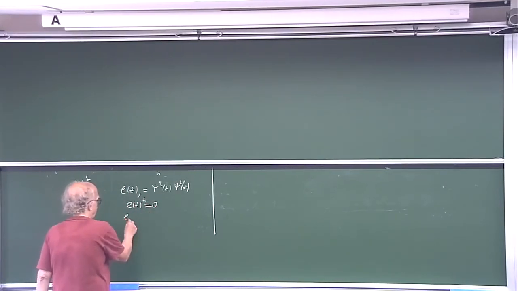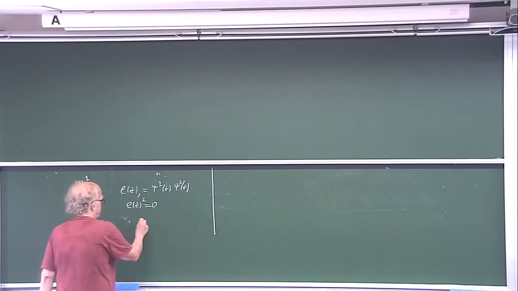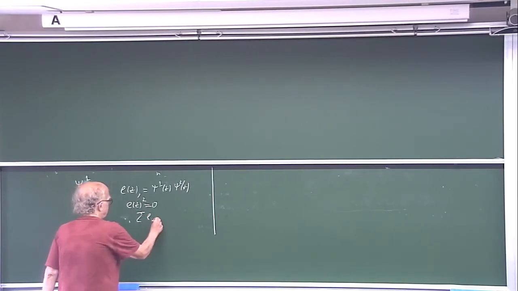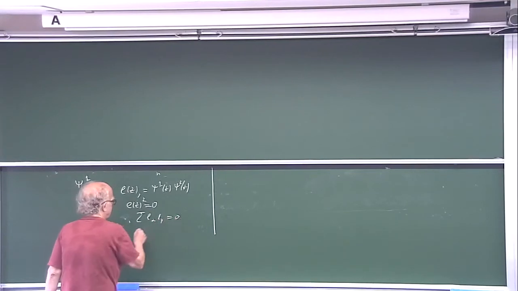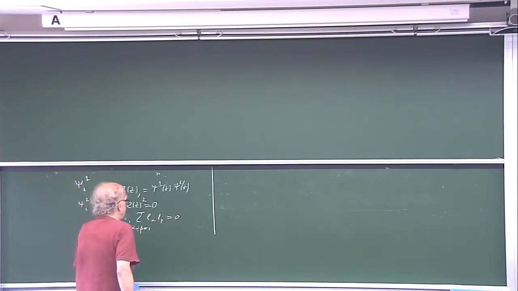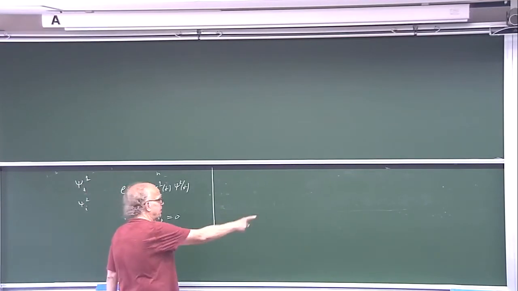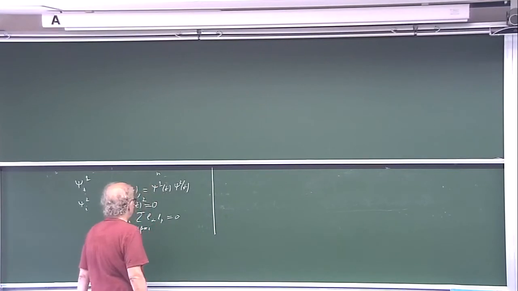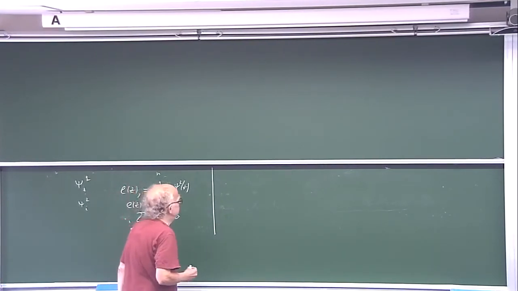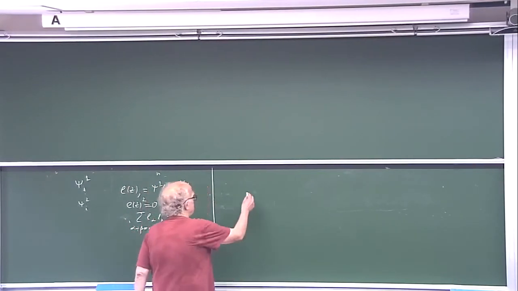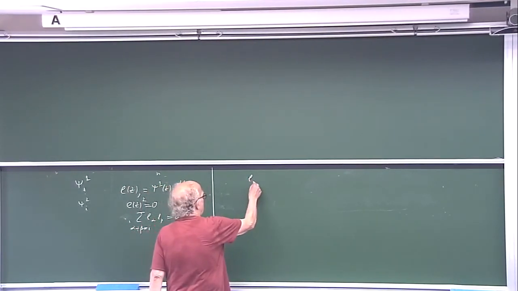In terms of components, it means that the summation of E alpha, E beta equals 0 if alpha plus beta equals I. And if I want to really repeat this, replacing psi by this E, what can I try to do? Well, I have E I.